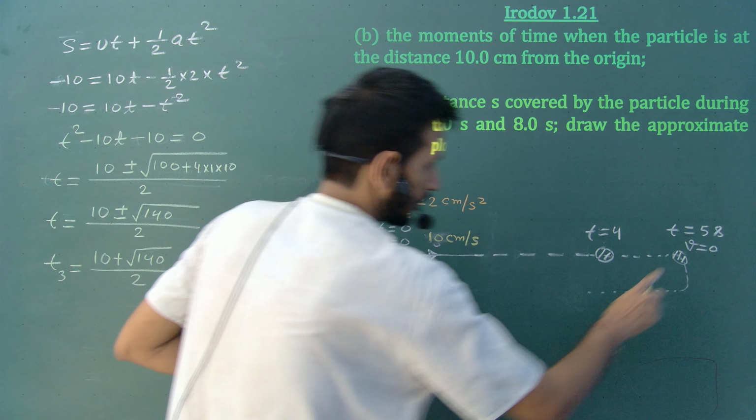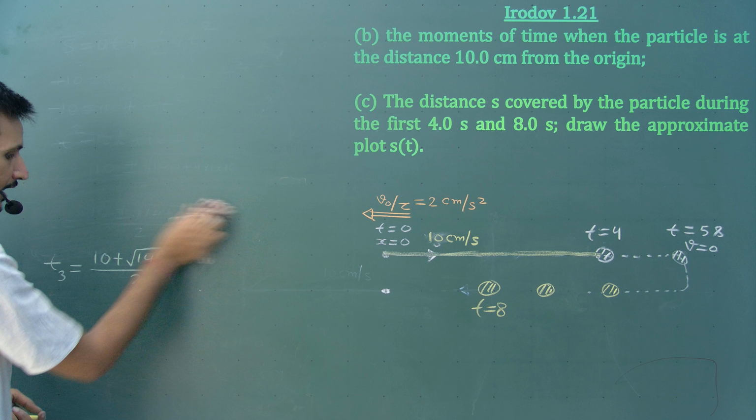This will be 5, this will be 6, this will be 7 and this will be 8. So this time is 8 seconds. So first I calculate this part. In this case, distance and displacement both are equal. So how can we calculate that?